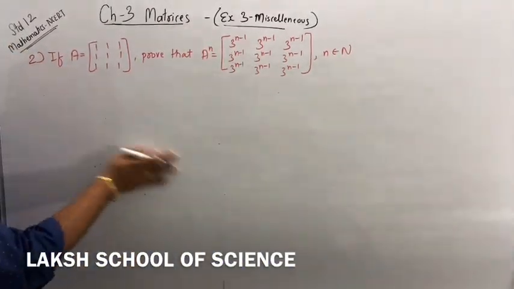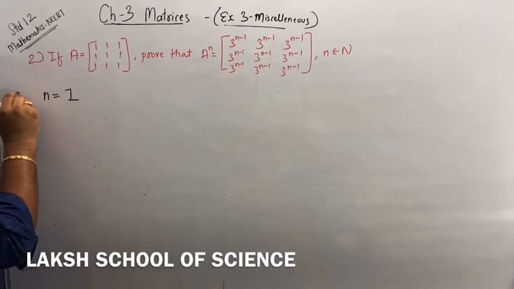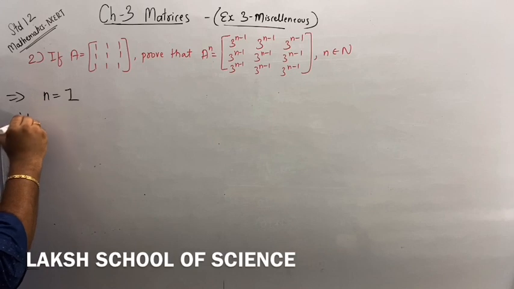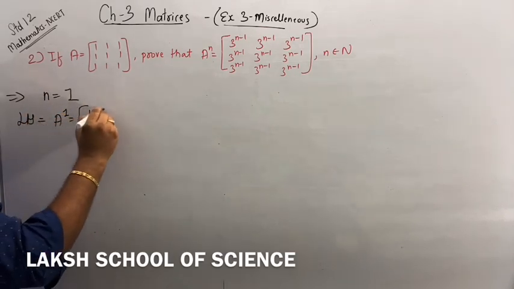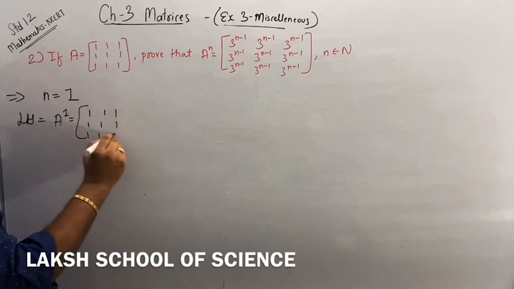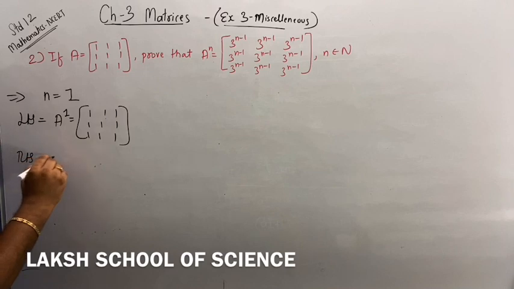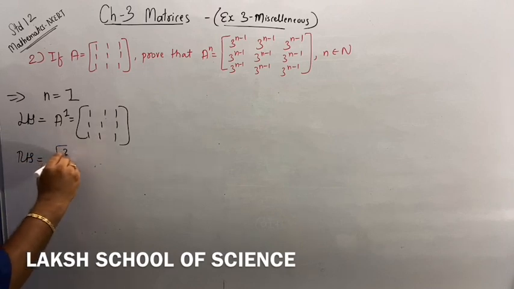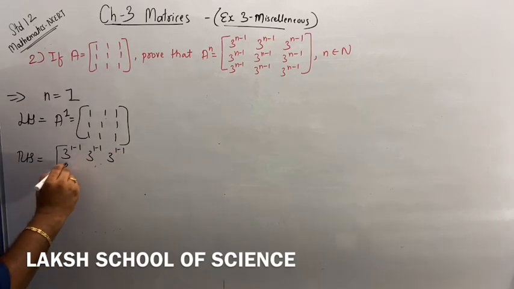Okay, so let's take first n equal to 1. So what is LHS? A raised to 1 means 1 1 1, 1 1 1, 1 1 1. Clear? RHS: 3 raised to 1 minus 1, 3 raised to 1 minus 1, 3 raised to 1 minus 1.